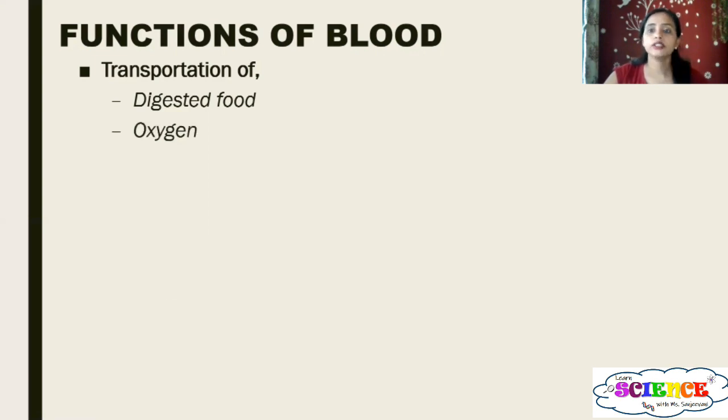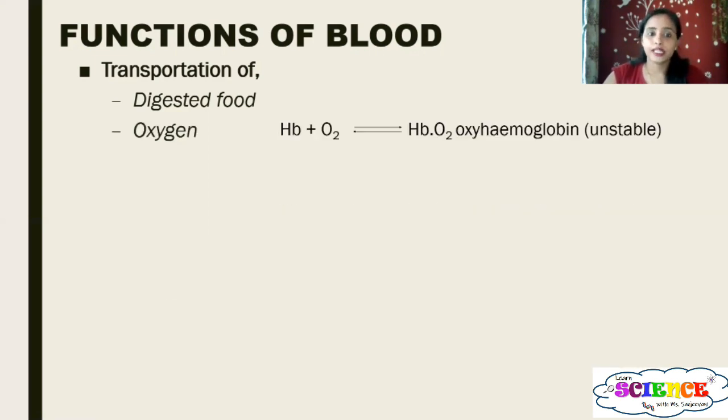Then oxygen, that is a respiratory gas. Oxygen is transported from the lungs to different parts of the body, that is to tissue, in the form of oxyhaemoglobin. When we inhale, oxygen enters the lungs and combines with hemoglobin, the respiratory pigment present in red blood cells.